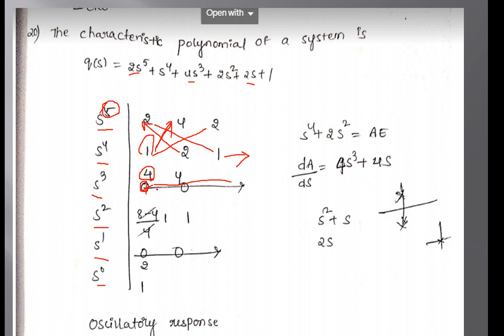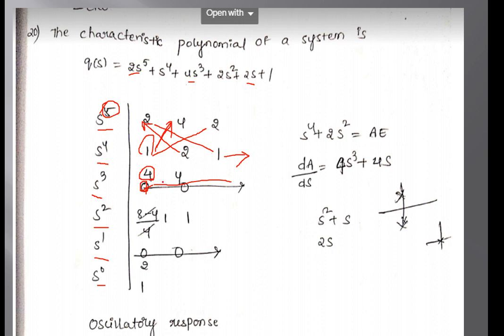So here you are getting the row of zeros at s power 3. The row which is above the row of zeros is this one. So you have to take this one as the auxiliary equation. So s power 4 plus 2s square plus 1 is your auxiliary equation.